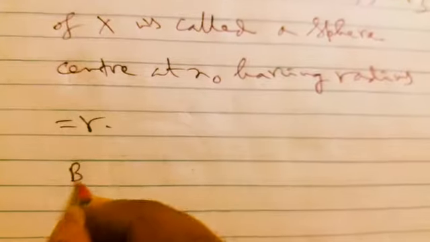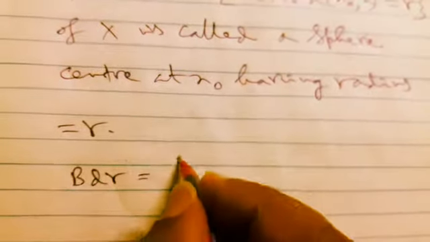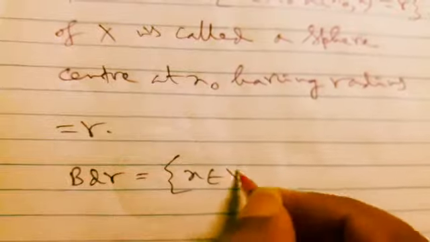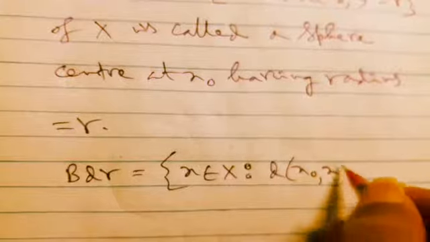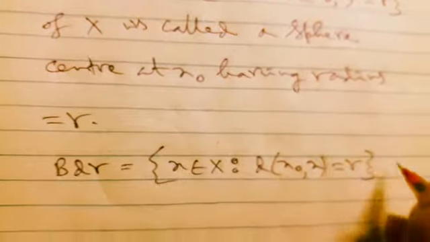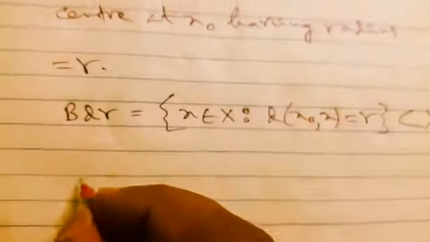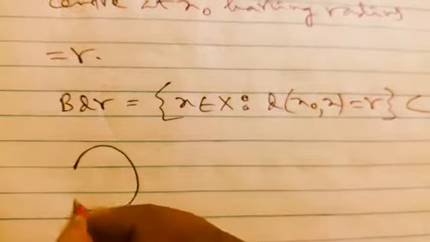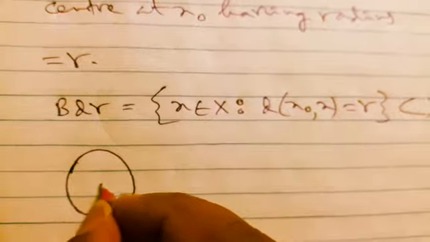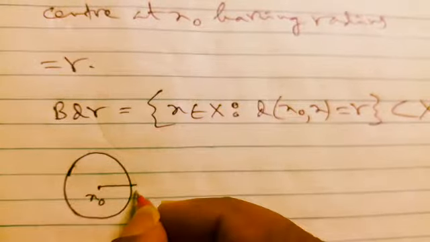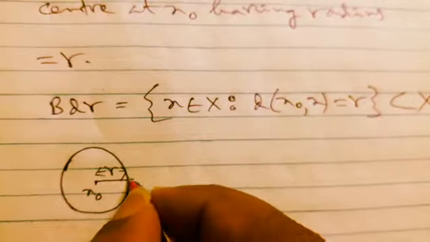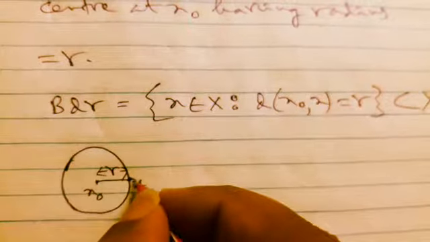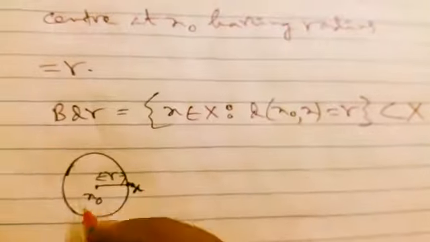In this way, it is also called the boundary, or bdr, if we define it as any point x belonging to capital X such that the metric d(x0, x) equals r, which is a subset of X. That means here is the point x in the metric space centered at x0 with radius r, and x is a point on the boundary. That's why it's a boundary.